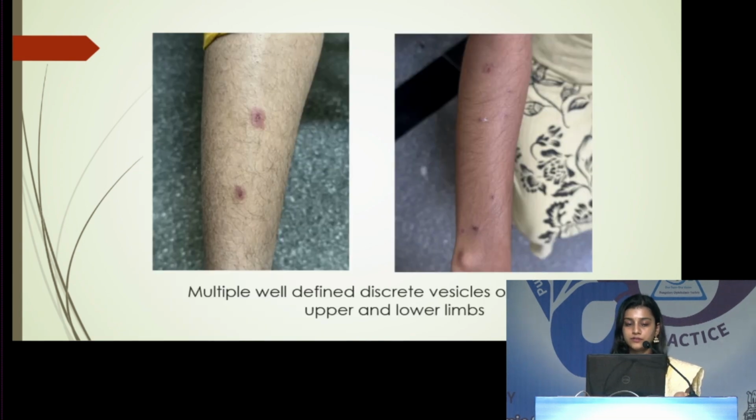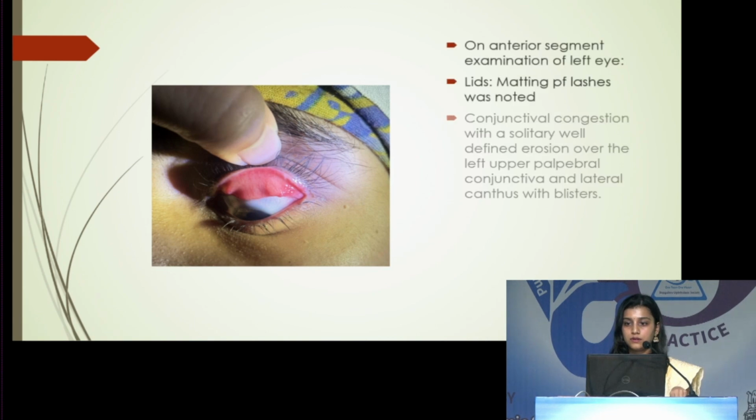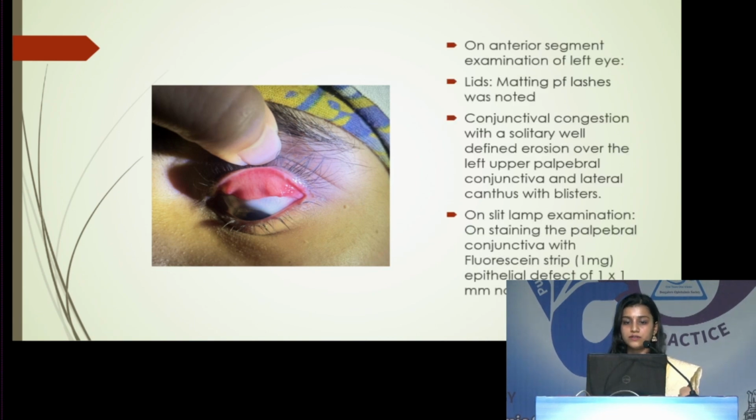On head-to-toe examination, multiple well-defined discrete vesicles over the bilateral upper and lower limbs and the trunk were noticed. On ocular examination of both eyes, the visual acuity and color vision were normal in both eyes, and examination of the right eye was within normal limits.